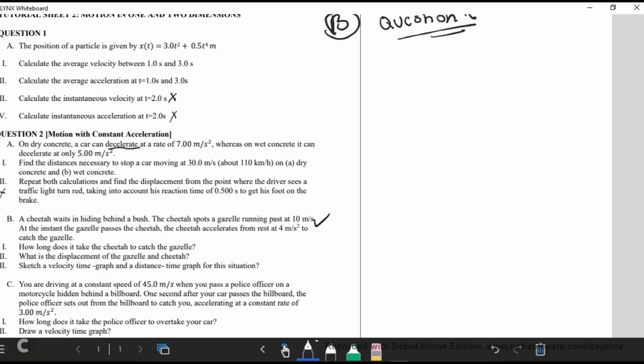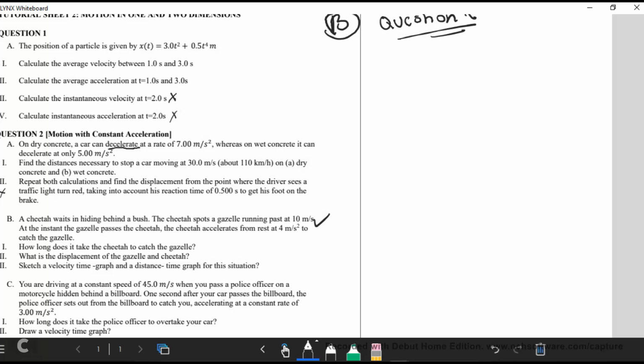They're saying that the cheetah waits in hiding behind a bush. The cheetah spots a gazelle running past at 10 meters per second.